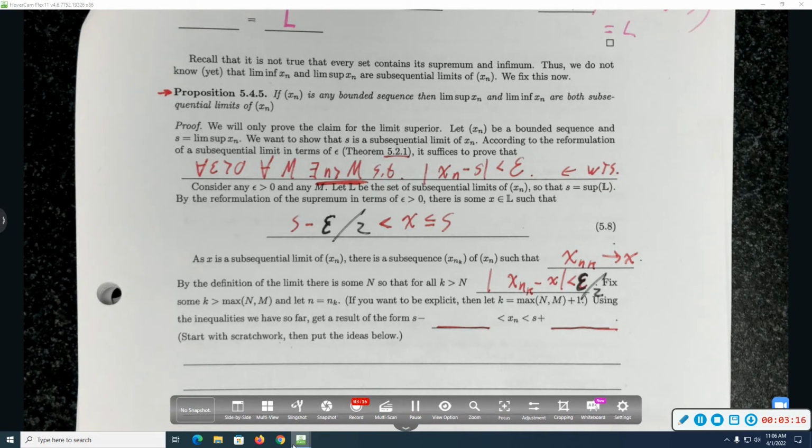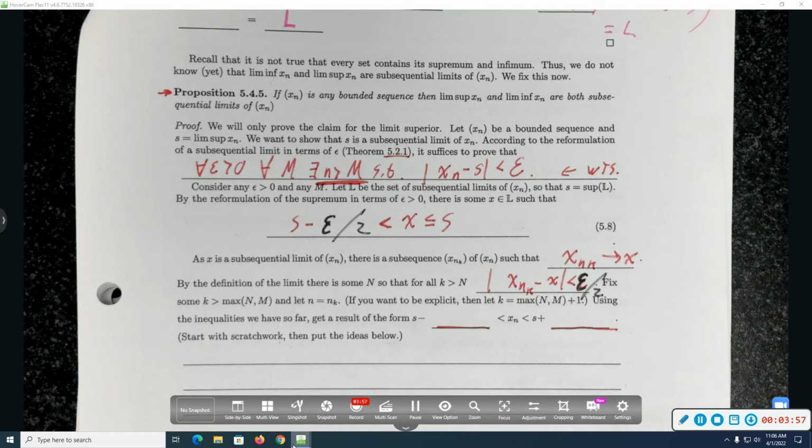Since S is equal to the supremum of the set of subsequential limits, it's the supremum of L, where L is the set of subsequential limits of xn.